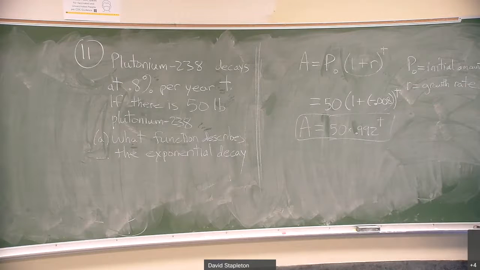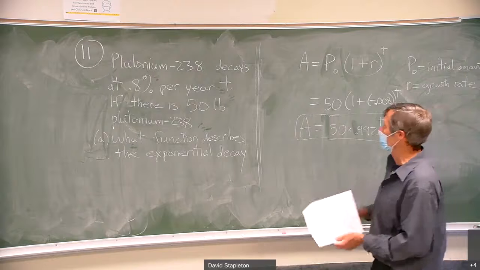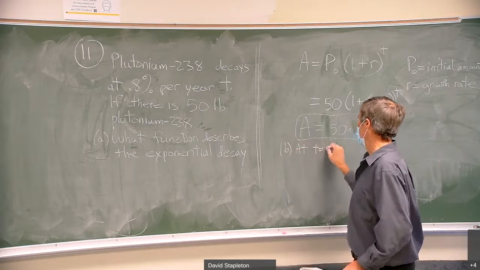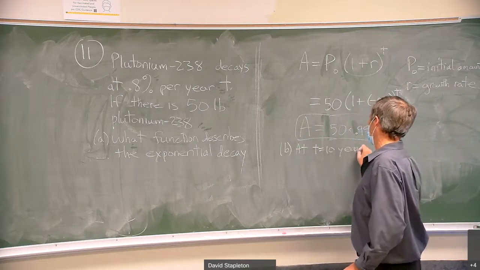Just for B, you plug in the 10 for T. Yeah, I think that's right. B: how many pounds will it be after 10 years? So that's B at T equals 10 years. You just plug that into the model.